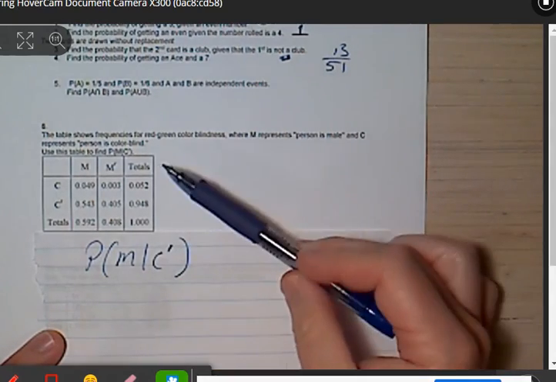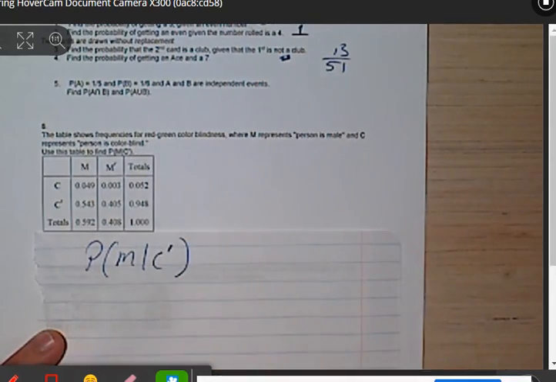They told us up here that we're doing M given C prime. So what's the probability that they're male given they're not colorblind? You've got P of M given C prime as the question they're asking for, back up here.